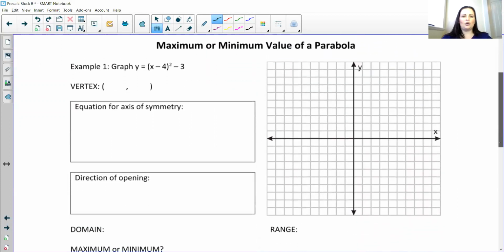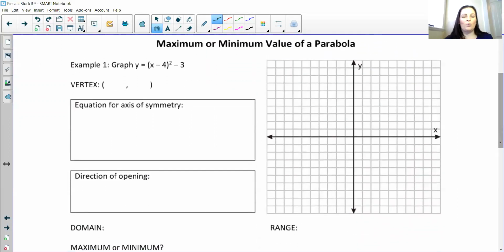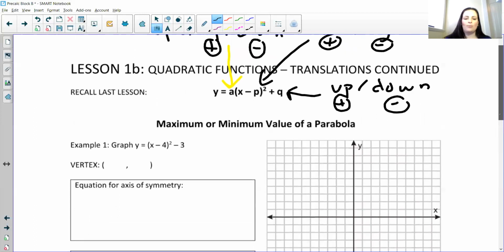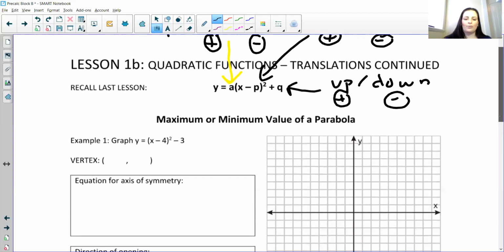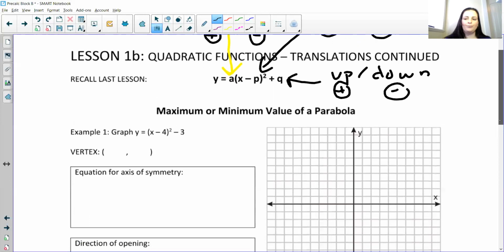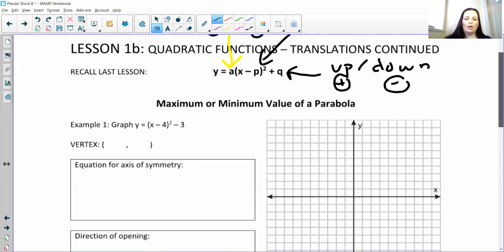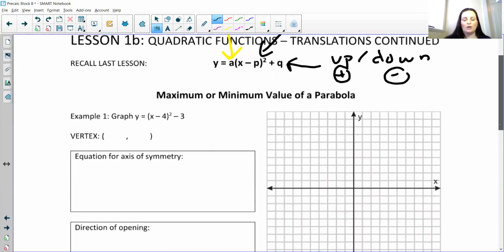Okay, so the minimum maximum point says graph y equals (x minus 4) squared minus 3. So you can do this by making a table of values like we did in the last question. You can also graph it quickly using a graphing calculator and by using different apps on your phone.